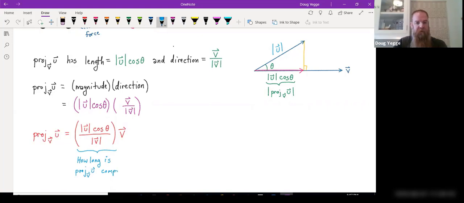So if this turns out to be something like 5v, then the projection is 5 times as long as v. If it turns out to be 1/2 v, then the projection is half as long as v. So that's one benefit of writing it in this format right here.